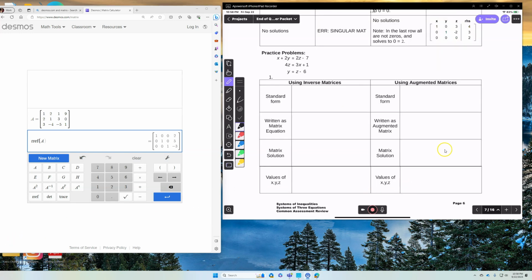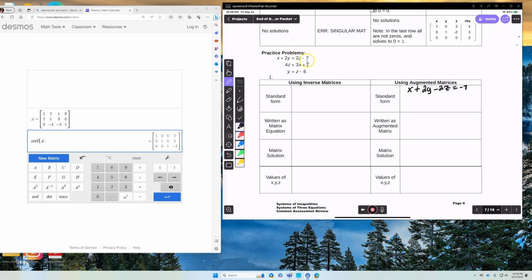Okay. So here we have a system, and we do have 3 equations, but we don't have it in standard form. So this 2z, I will have to subtract 2z. So I'm going to write x plus 2y minus 2z equals -7.